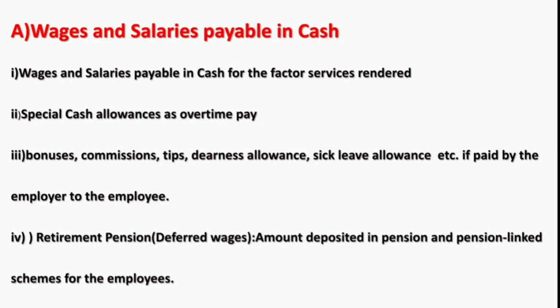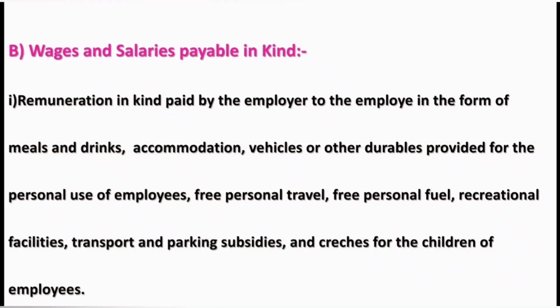That is remuneration which consists of goods and services that are used by the employees: meals and drinks, including those consumed when traveling for business, accommodation, the services of vehicles or other durables provided for the personal use of the employees, goods and services produced as outputs from the employer's own process of production, such as free travel for the employees of railways or airlines, or free coal for miners, sports, recreation or holiday facilities for employees and their families, creches for children of employees. All these are included in wages and salaries in kind.